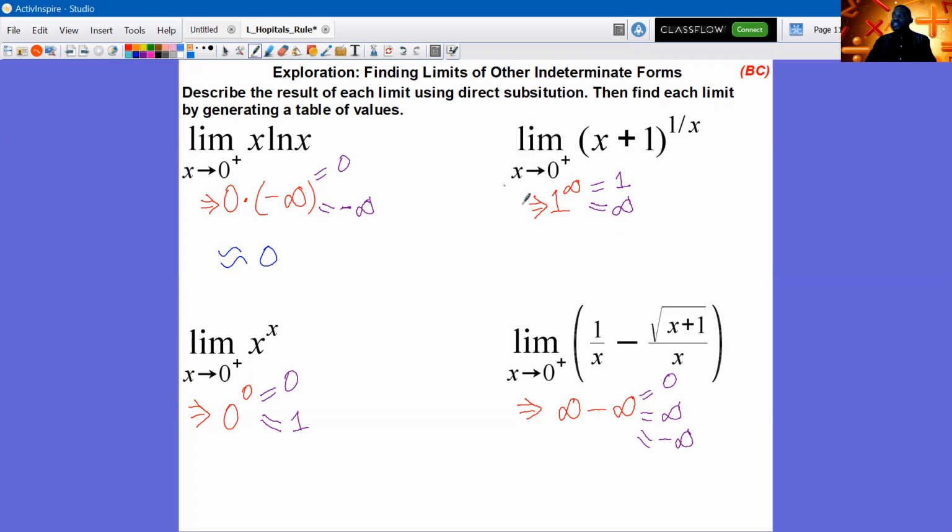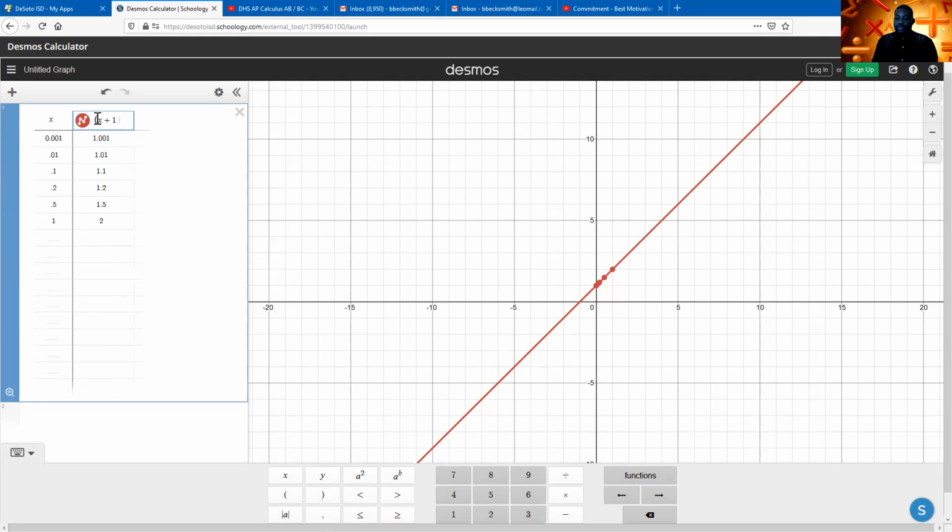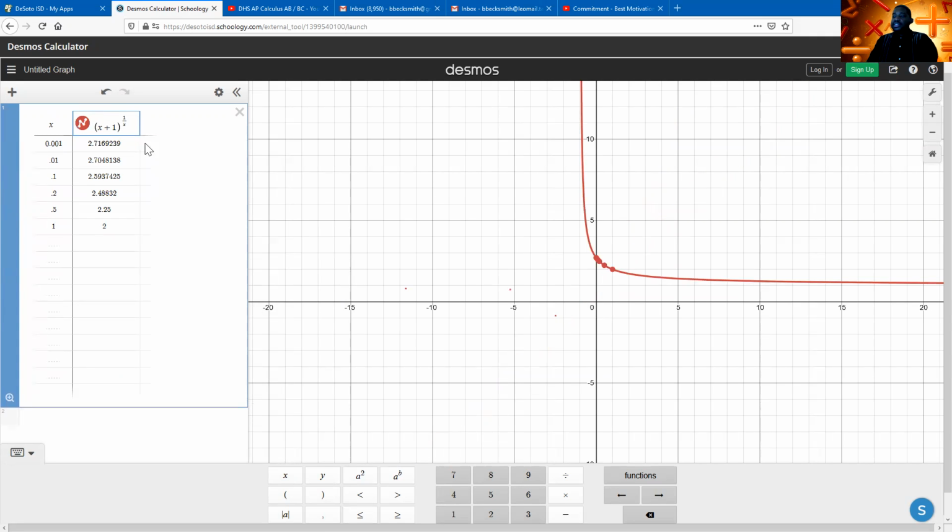Okay, the next expression is x plus 1 to the power 1 minus x. So I'm going to come back here and delete this, keep my same table of values. And so let's take a look at what's happening to our values. So I'm going to start with 1, and then I'm going to work my way back up. As I get closer and closer back to 0, what's happening to my values is they're getting closer and closer and closer.